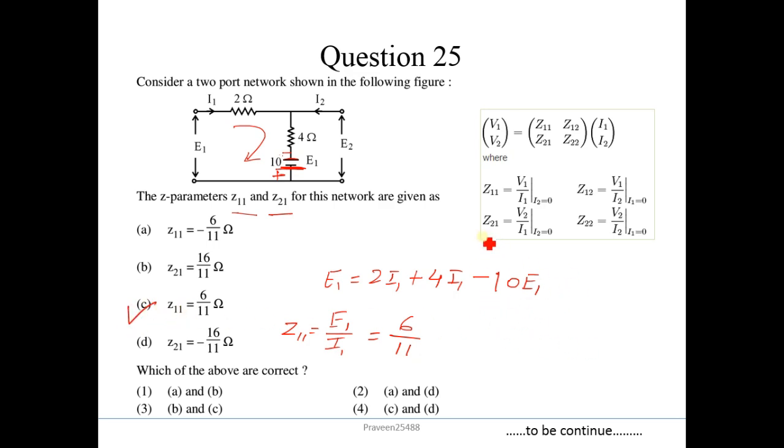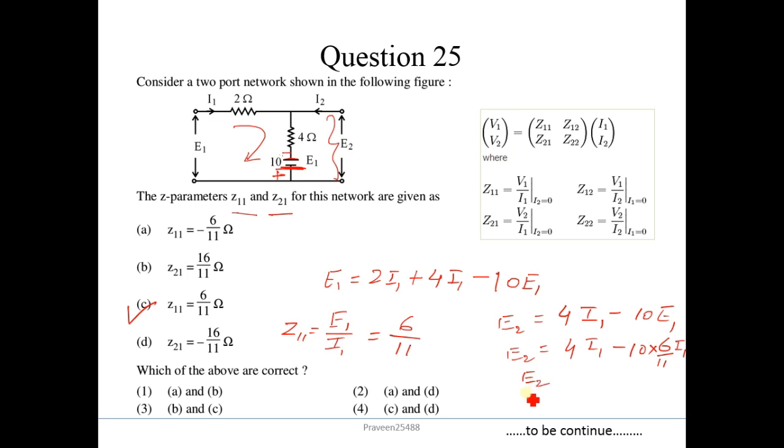And next for Z21, which is V2 upon I1 at I2 is equal to 0. So here it is E2, which is equal to 4 I1 minus 10 E1. On putting the value of E1 from this equation, E2 is equal to 4 I1 minus 10 into E1, which is 6 upon 11 I1.